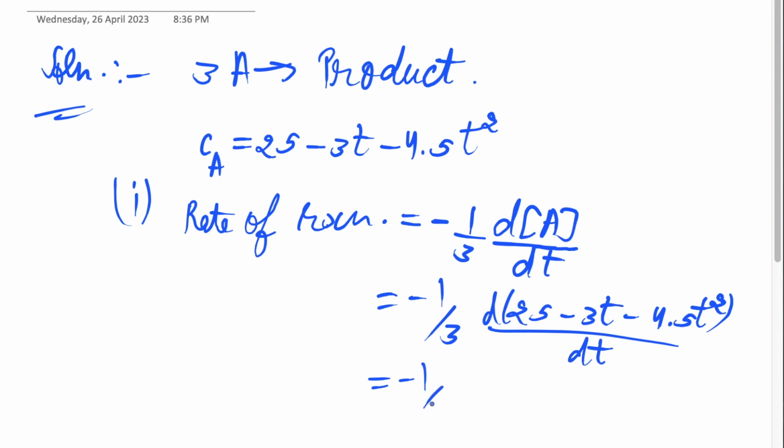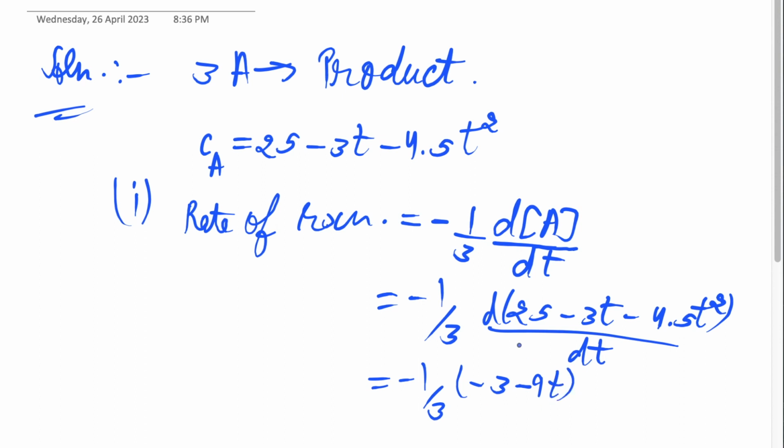This is a constant so its derivative is 0, minus 3t gives minus 3, and minus 4.5t square: the derivative of t square is 2t, so 4.5 into 2 is 9, so minus 9t.